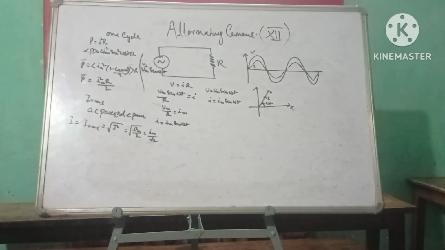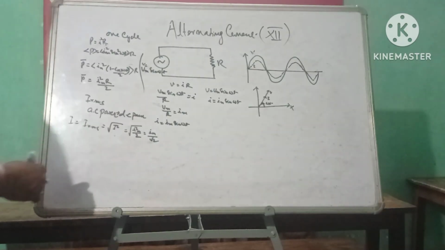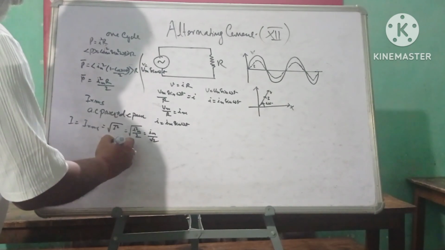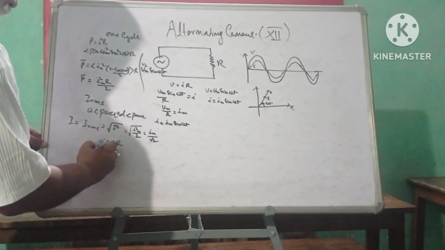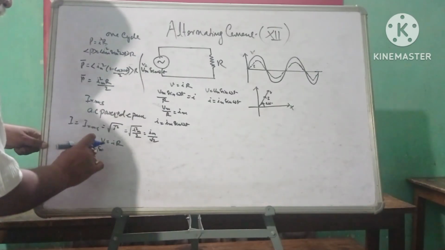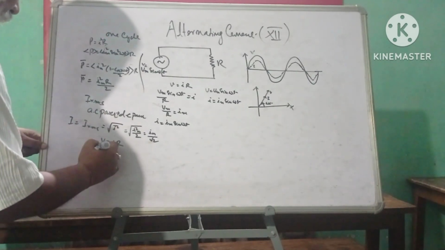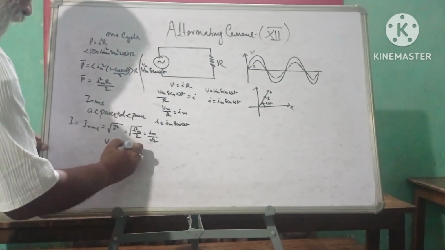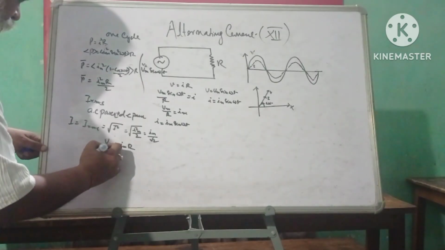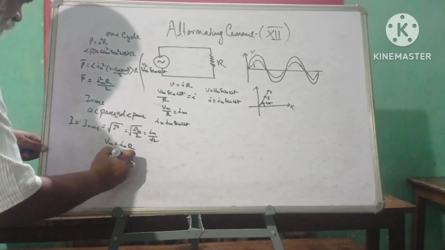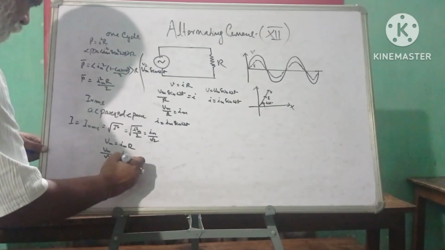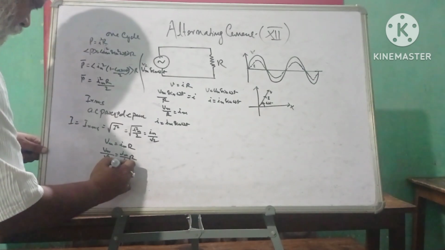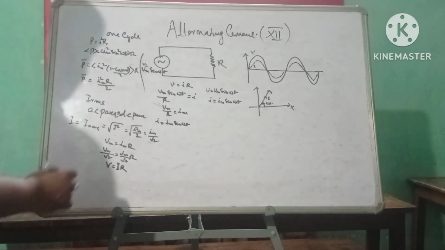Here again you can see that V is equal to IR, that means let us say Vm is equal to Im R. If you divide both sides by root 2, Vm by root 2 is Im by root 2 into R, so V is equal to IR, with capital R here.